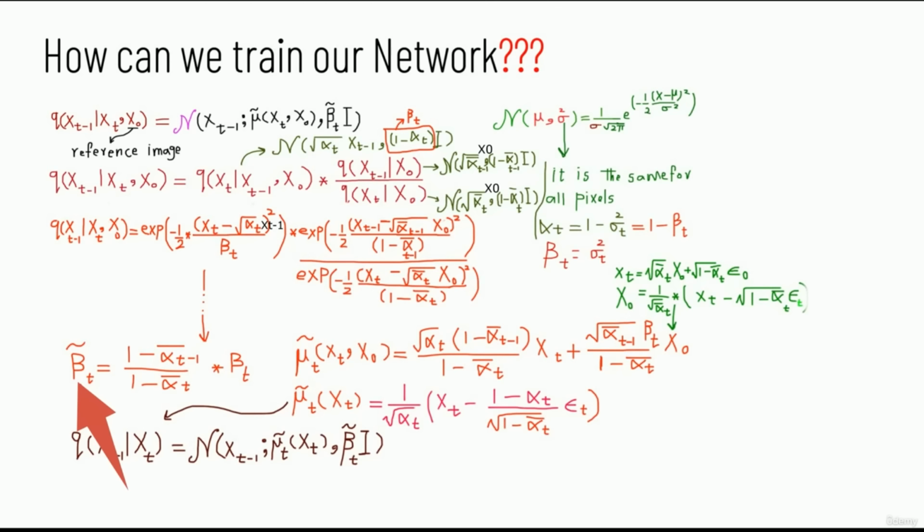Finally, you will get the variance of the target distribution, which is equal to 1 minus alpha bar t minus 1 divided by 1 minus alpha bar t times beta t.